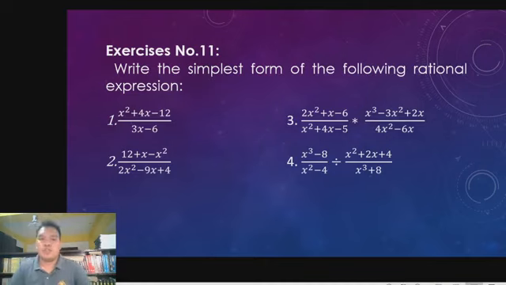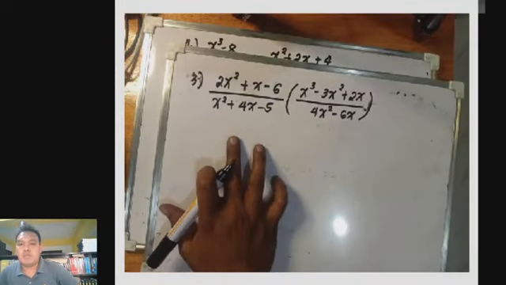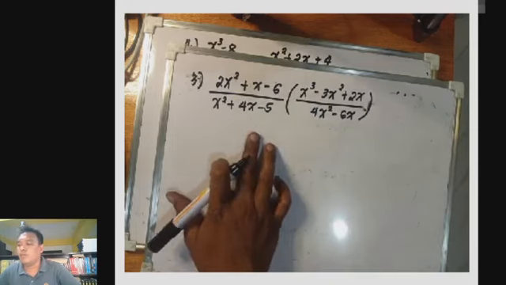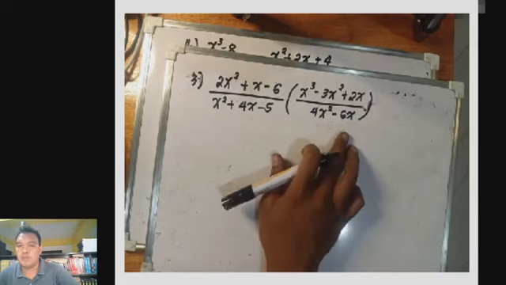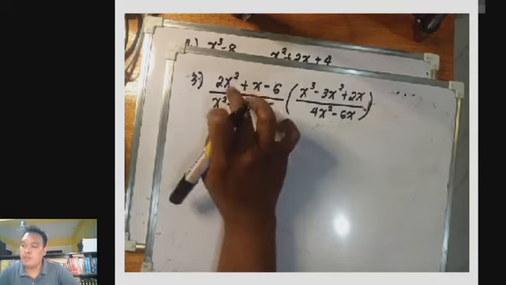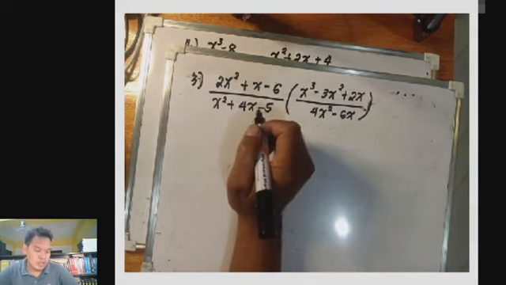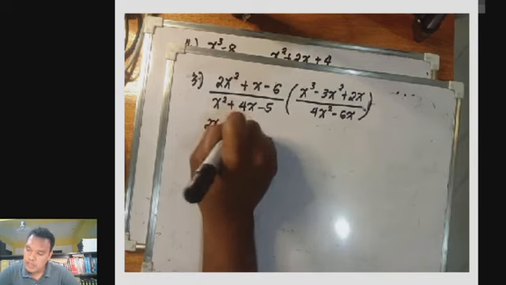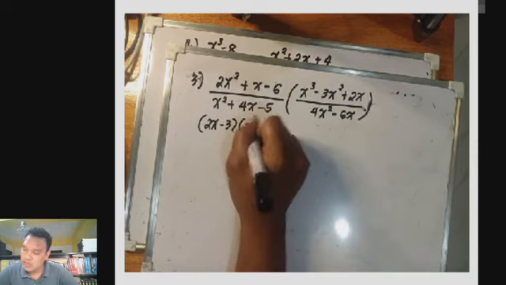Okay. Example number 3, we have 2x squared plus x minus 6 all over x squared plus 4x minus 5 multiplied by x cubed minus 3x squared plus 2x all over 4x squared minus 6x. So the factor of 2x squared plus x minus 6 is 2x minus 3 multiplied by x plus 2.